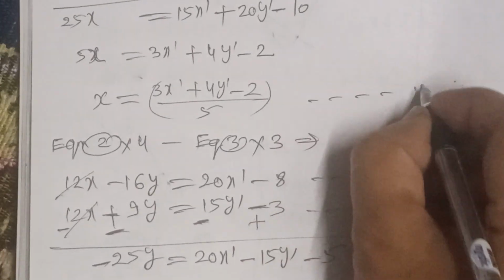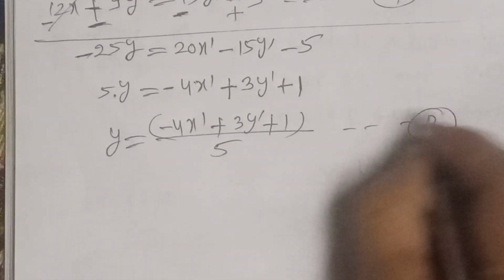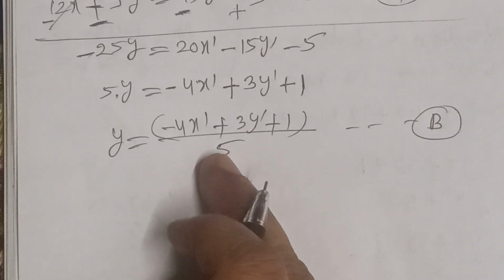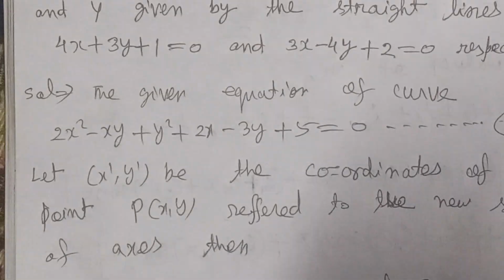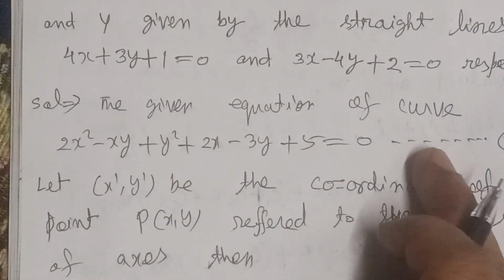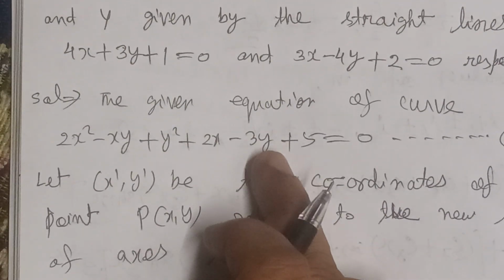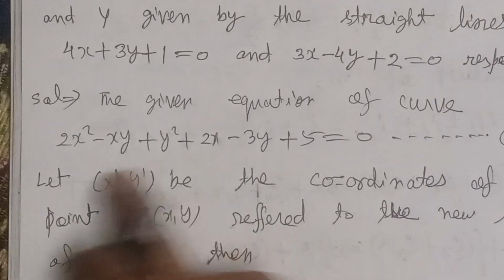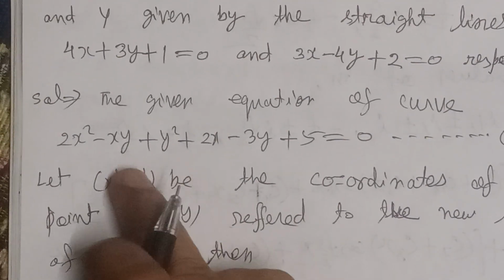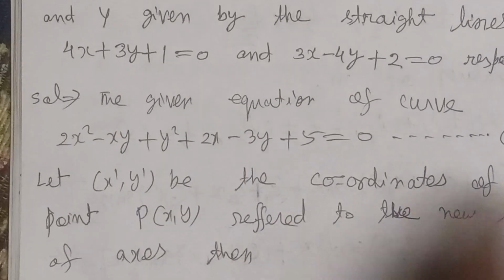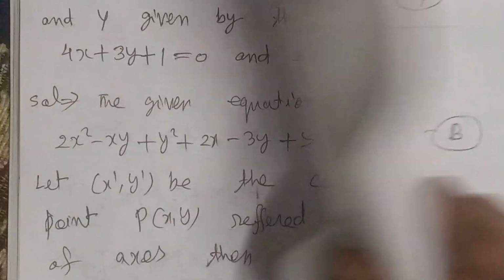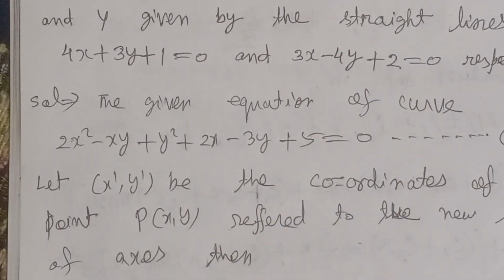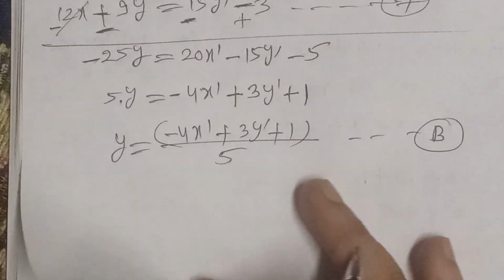I get this value of x in terms of x'y', and this value of y in terms of x'y'. Putting these values in the given equation of the curve, which is in the old or original coordinate system in small x and y, we get the equation in the new coordinate system, which I write as x' y' here.